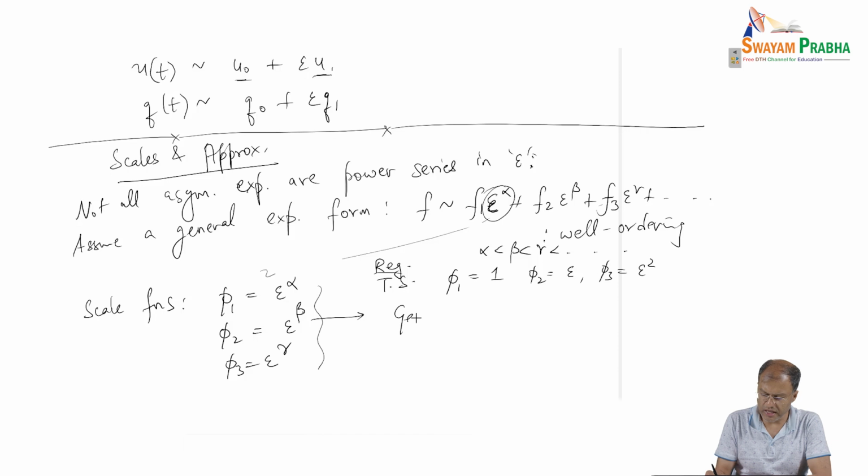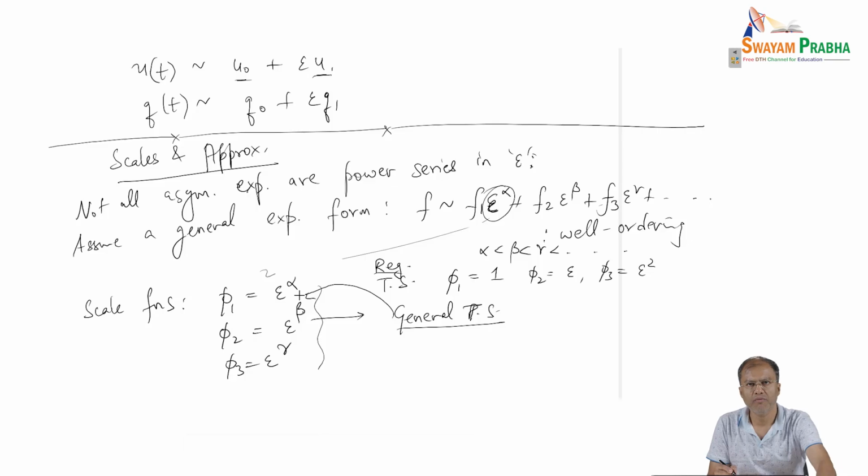But for the generalized Taylor's expansion or power series, we have phi1 is epsilon to the power alpha, phi2 is epsilon to the power beta, and phi3 is epsilon to the power gamma, where alpha, beta, gamma are in general not positive integers.